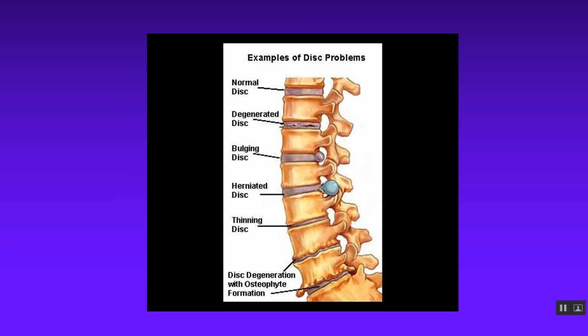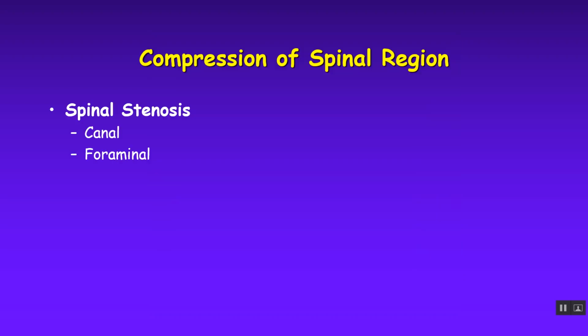This is just showing you bulging discs. Here's an extruded herniated disc. This is disc degeneration with osteophyte formation that can poke into the foramina and narrow those foramina. You can also have spinal stenosis, which is just narrowing.